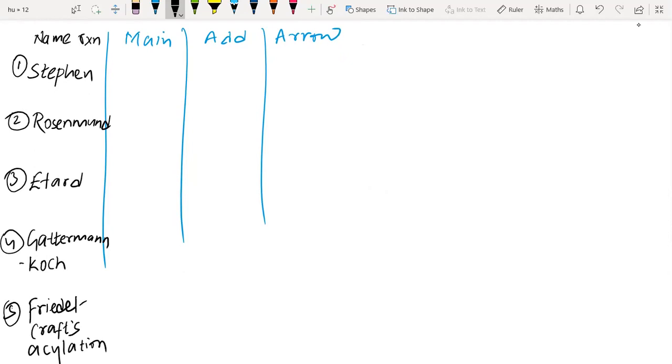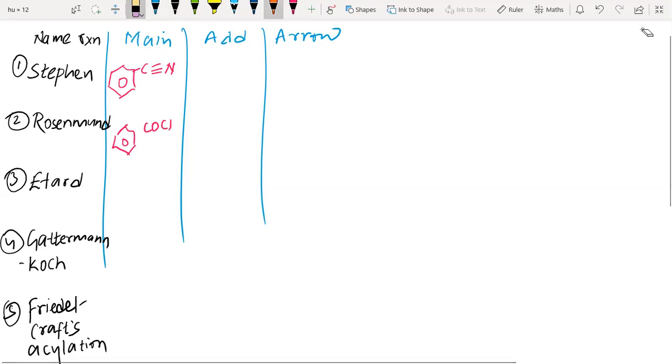Now important is the main material which are involved in this. The main material for Stephen, if we are preparing aromatic aldehyde, we can write here benzonitrile. For Rosenmund we can write here benzoyl chloride.